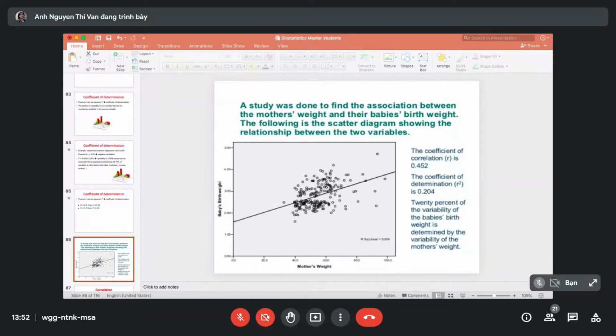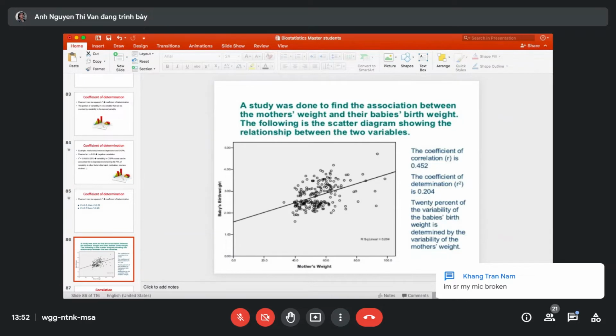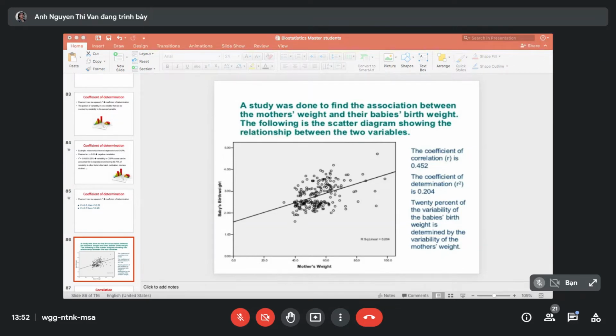Yes. So I'm asking you, can the Pearson correlation test tell you the cause-effect relationship? In your opinion, I'm asking your opinion. Sorry, can you repeat again?